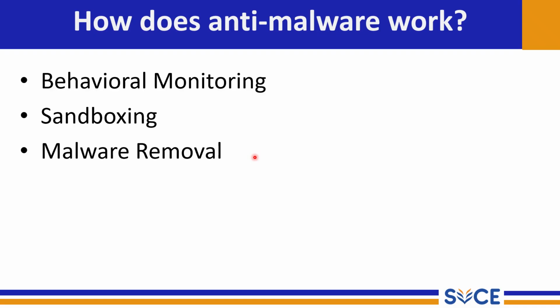Once an incoming file is identified as malware, it is removed from the system via the anti-malware protection software. This prevents the file from executing and damaging the system. It will also prevent any similar files from doing the same in the future. Okay, so these are the steps of how anti-malware works.